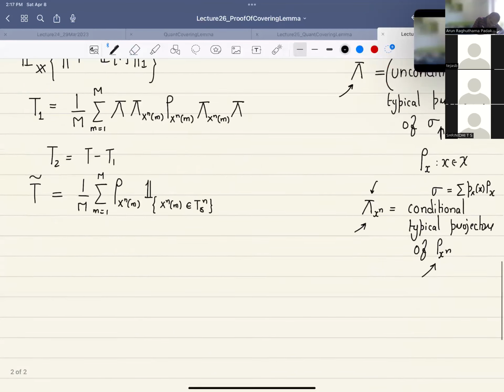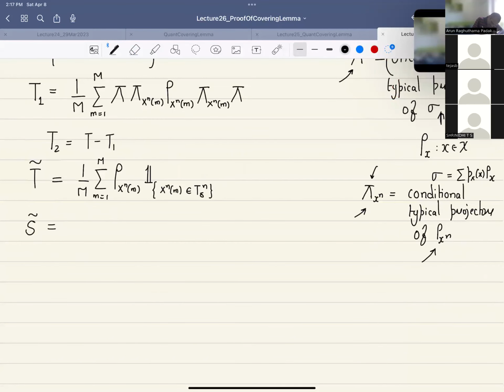And I can define S tilde to be the sum of rho x_n(m) times the indicator function that x_n(m) does not belong to T delta n.